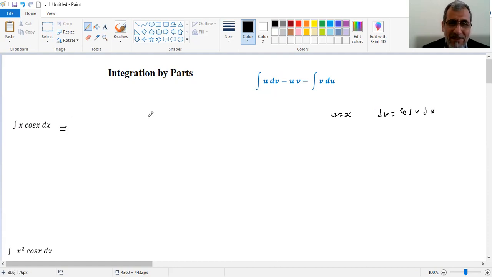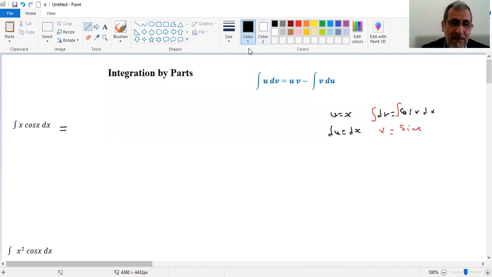Now the derivative of u is 1 dx. To find v, we integrate dv, so v equal to the integral of cosine, which is sine x.